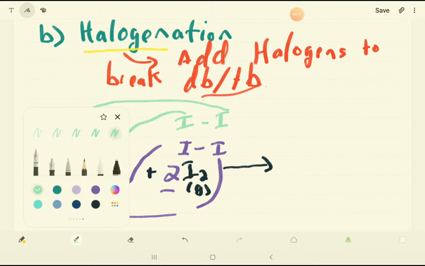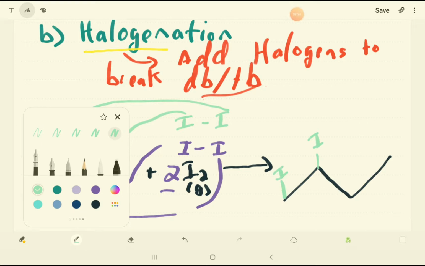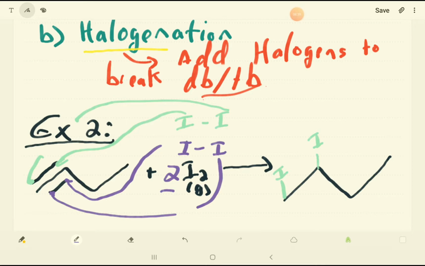And so finally, once this reaction is done, we would have 4 I's attached to our newly formed alkane. And they're going to be attached right where the double bonds used to be, or the triple bonds.